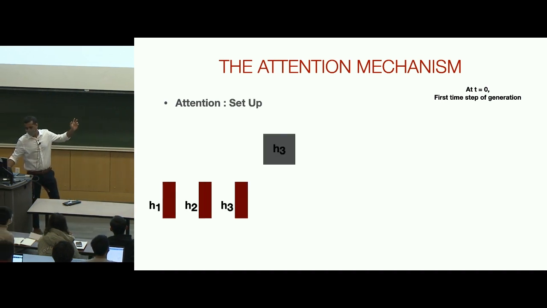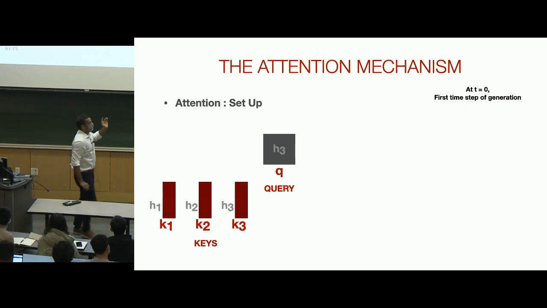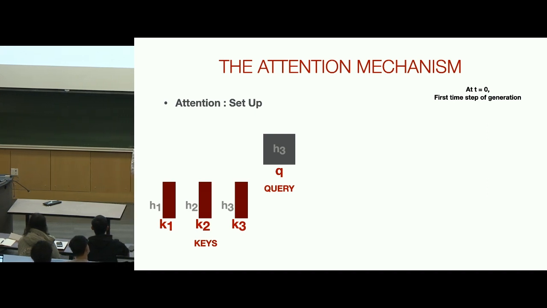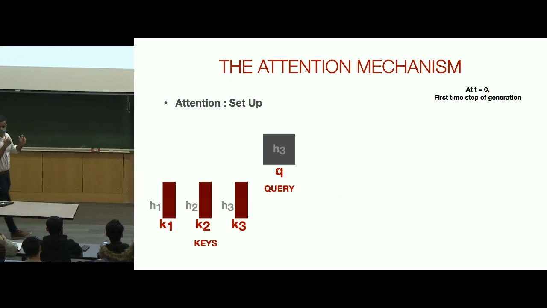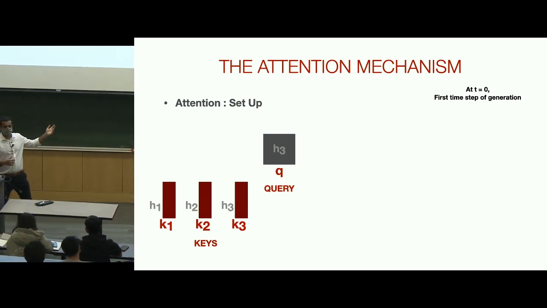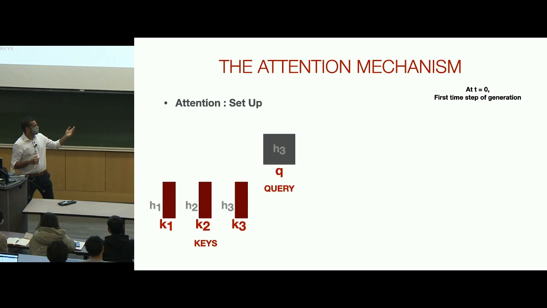All the hidden states of the encoder are called keys. The hidden state of the decoder that is used to find how we combine the keys is called the query. Is this clear? Because then we build on top of this.